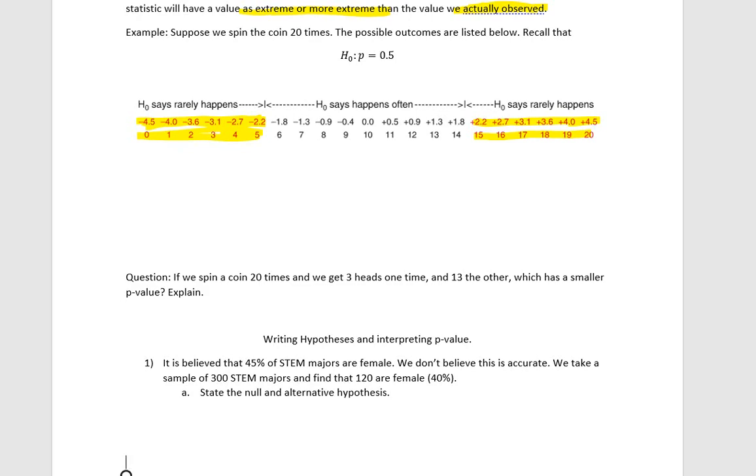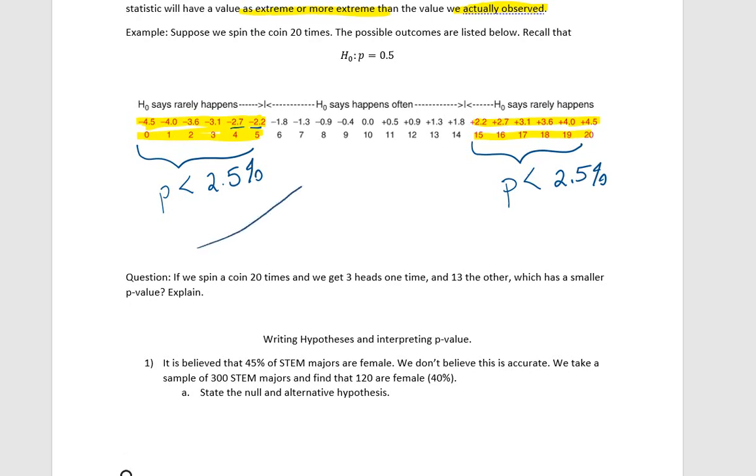So here's the deal. The probability of spinning a coin 20 times and getting 5 or less heads, those have z-scores of negative 2.2, negative 2.7, and all that. That's a p-value of less than 2.5%. Also here, because these are greater than a z-score of 2, that's also going to give us a p-value of less than 2.5%.